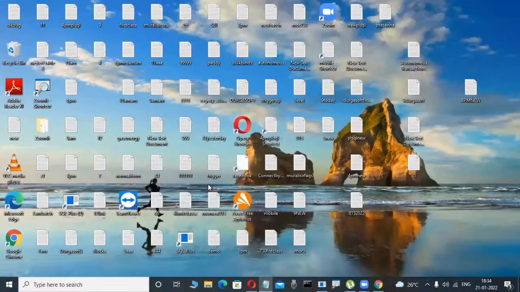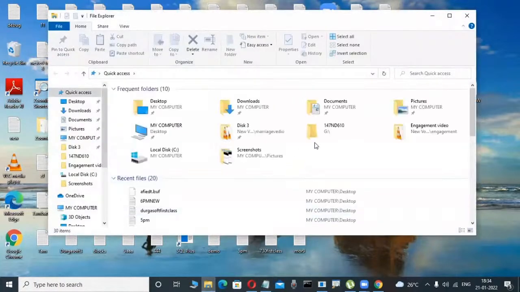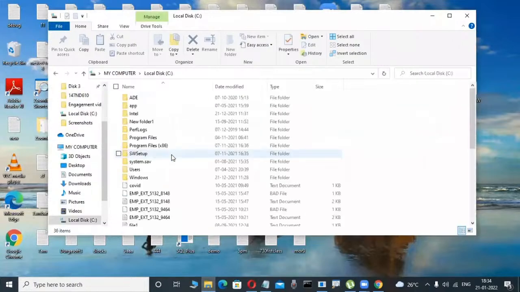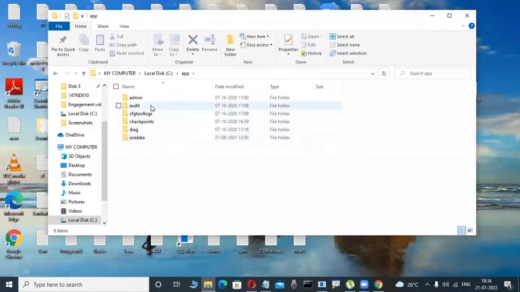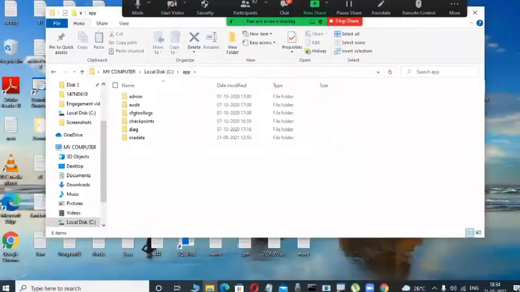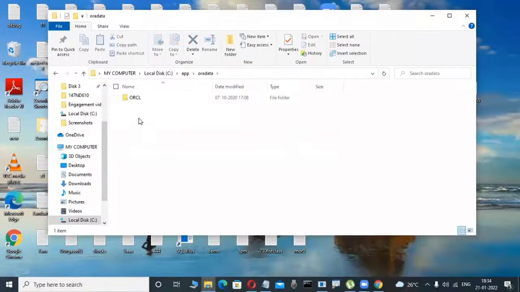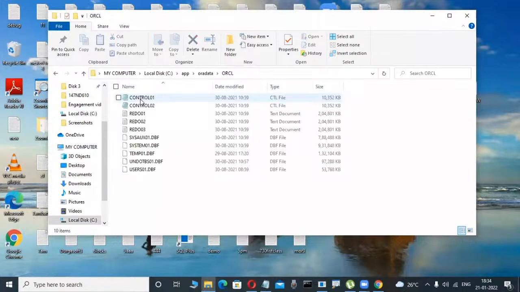Now I'm interested to view whether this table is created or not in my operating system. Suppose Windows operating system is there, where Oracle is already installed. In that location, I try to view, for example, in C: the directories, don't worry. These are folders: Oracle, Oradata, ORCL. I'm observing only.